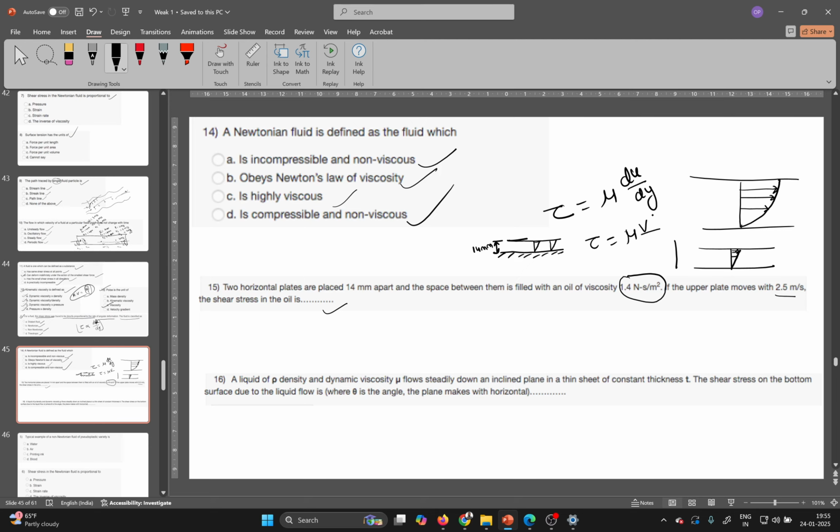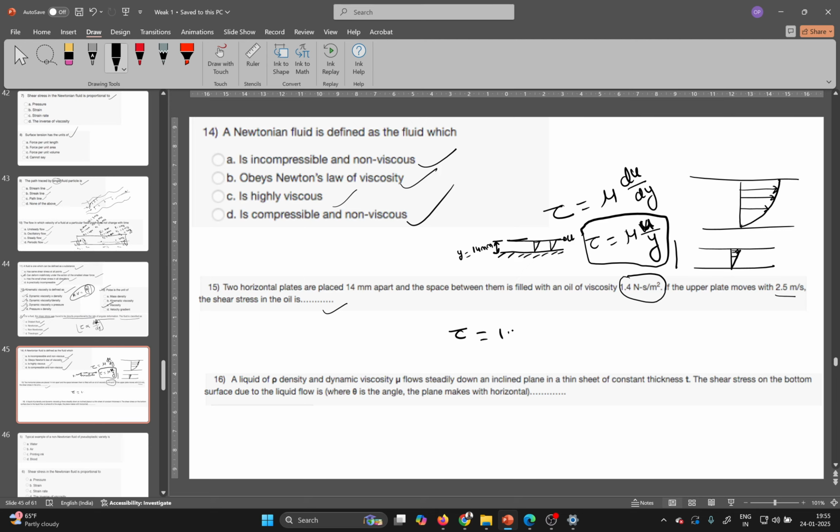So linear change means you can write u by y. If the upper plate is moving with velocity u and the distance is y, let us suppose y is equal to 14 mm, you can write this formula like that. So now you need to calculate tau.